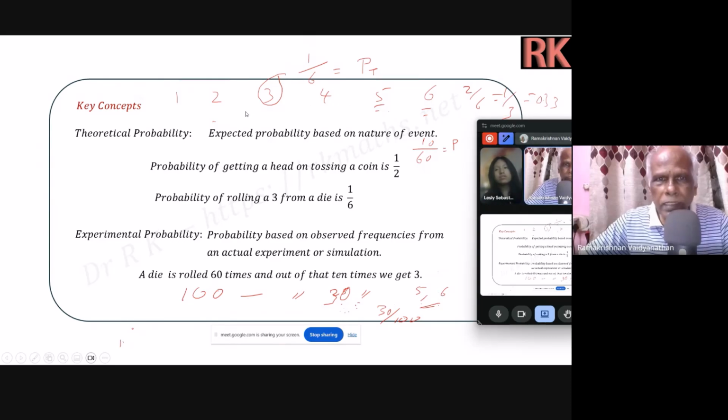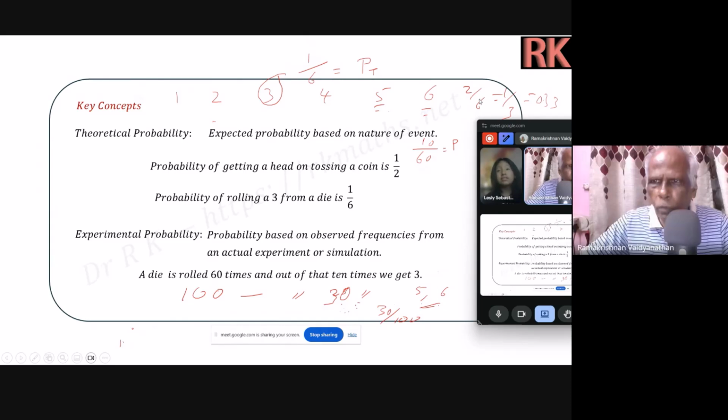Now I know that the total possibility of events is only 6 possibilities. Either I get 1 or 2 or 3 or 4 or 5 or 6. So getting 5 is one event, getting 6 is one event. So 2 events are possible out of a total of 6 events. Therefore, theoretical probability is 2 by 6. Yes or no? Yes. Is this clear?